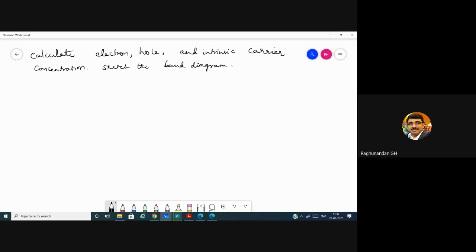In this, the given NC is equal to 10 to the power of 19 per centimeter cube, NV is equal to 5 into 10 to the power of 18 per centimeter cube, EG is equal to 2 electron volt, and T is equal to 627 degree Celsius, which can be converted to 900 Kelvin, and N is equal to 10 to the power of 17 per centimeter cube.